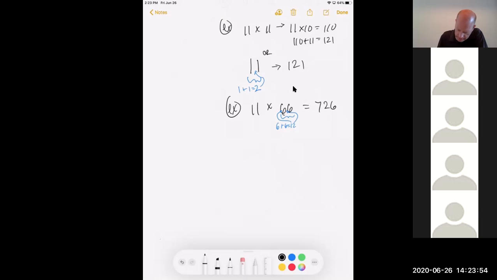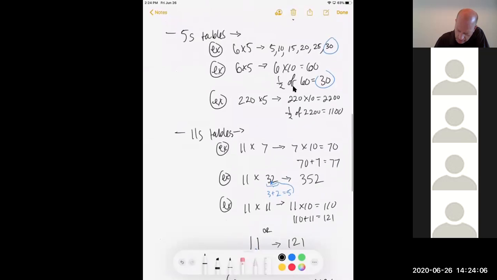The next one was the 12's tables. How do I do the 12's? For an example, I want to do, oops, I didn't copy this part down.